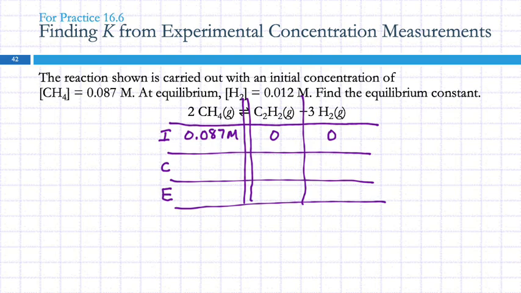They give us one equilibrium concentration, and that's for the H2. So that's down over here, 0.012 molar. So I'm taking the words here, pulling out the numbers, and organizing them in a table that's going to help me know what math to do.